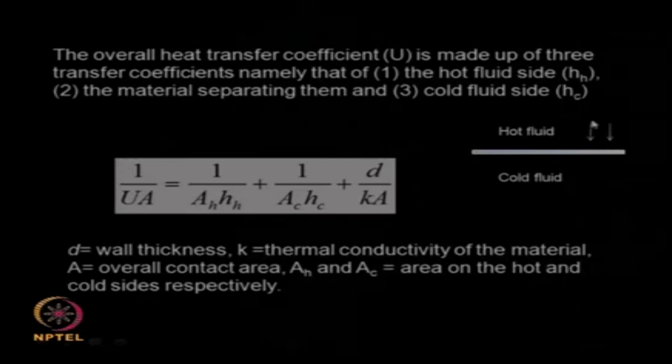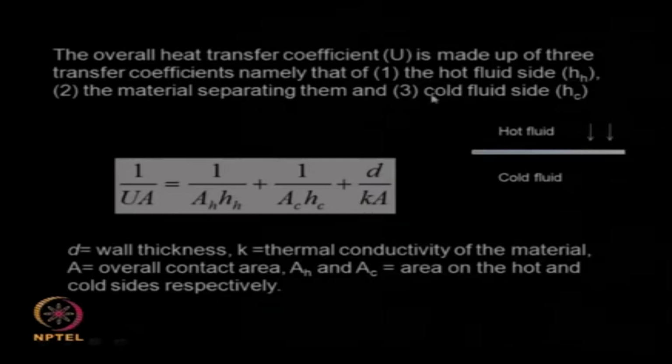Now the overall heat transfer coefficient is made up of 3 heat transfers, because there is one heat transferred from the hot fluid side here, then heat transferred through the solid material, and then heat transferred in the cold fluid side. So you have 3 heats, the hot side, the material, and the cold side. Okay. That is why the overall heat transfer coefficient has to consider all these 3 factors actually.